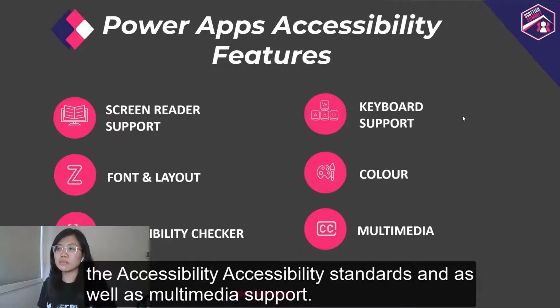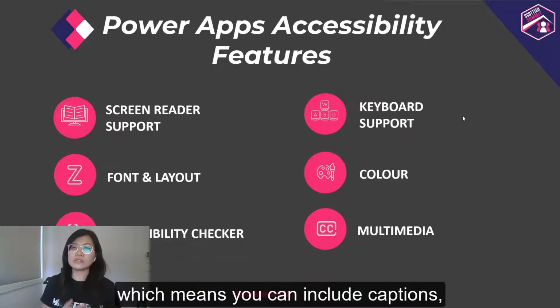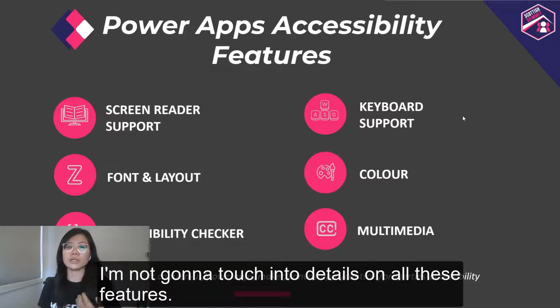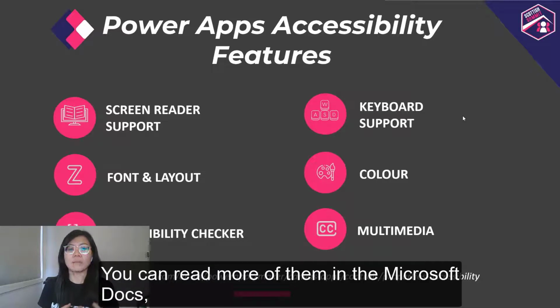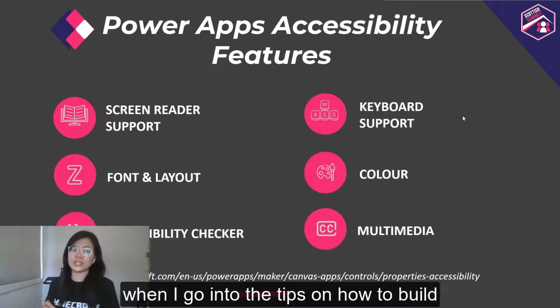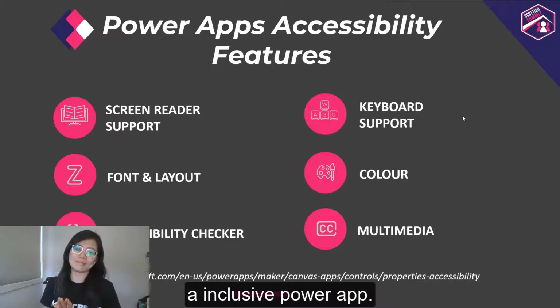As well as multimedia support, which means you can include closed captions in your videos. I'm not going to go into details on all these features. You can read more of them in the Microsoft Docs, but I'm going to briefly show you how to do it when I go into the tips on how to build an inclusive Power App.